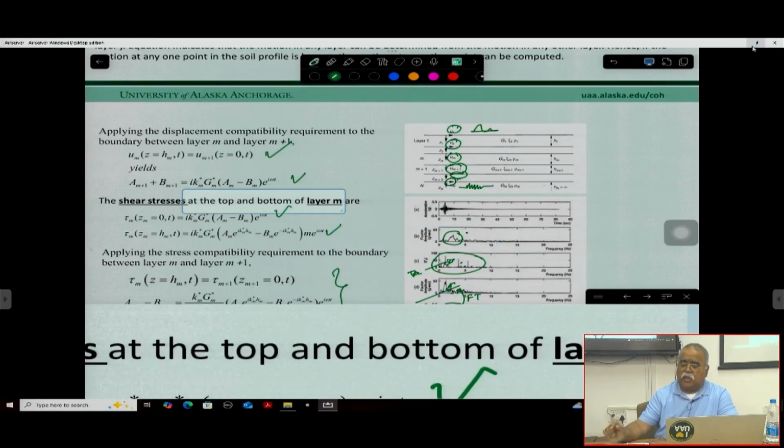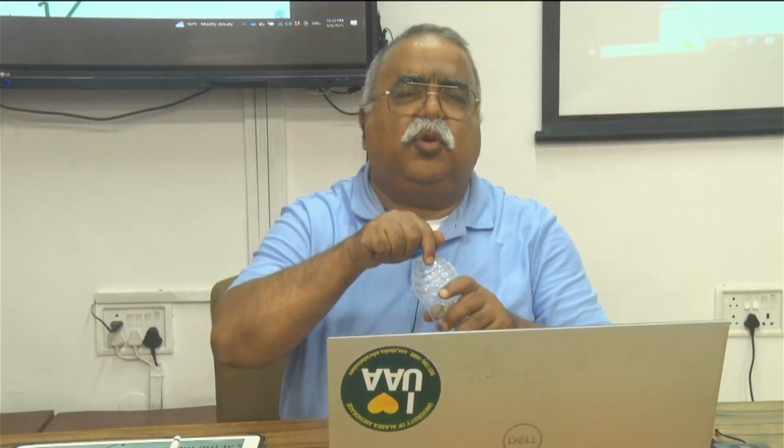And if you know the soil side Fourier transform, I can calculate the inverse Fourier transform to compute the time history at the soil site, right? So that's the things we have to do, and this entire thing can be done in a code.